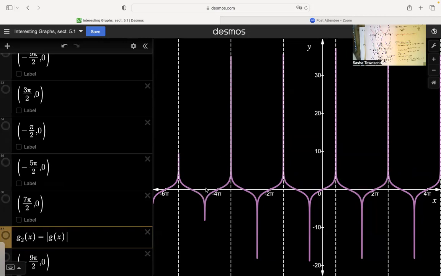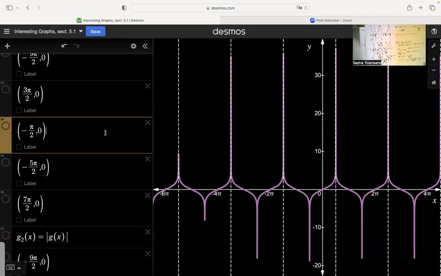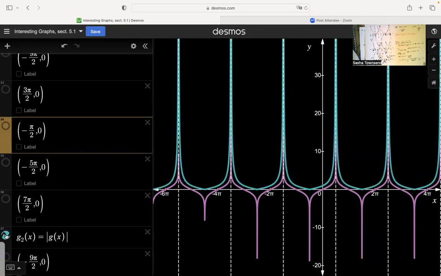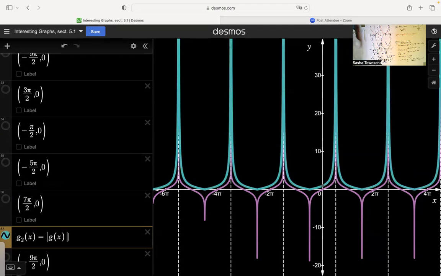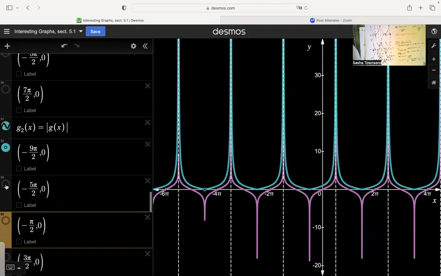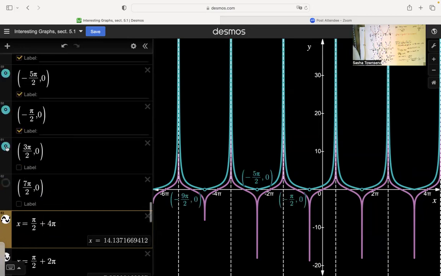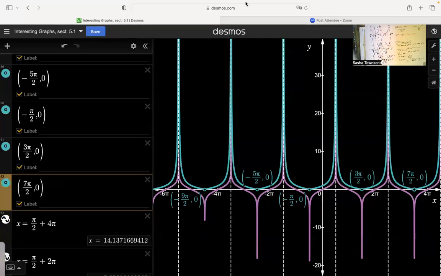Everywhere the absolute value of g of x has removable discontinuities, the logarithm of that has a vertical asymptote. I didn't actually sketch that, but we could have sketched those vertical asymptotes there. And then we would see that our function is approaching those asymptotes.